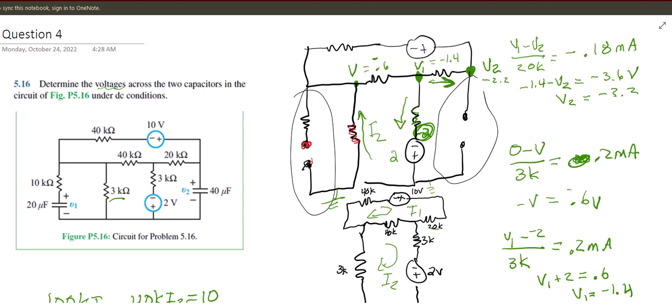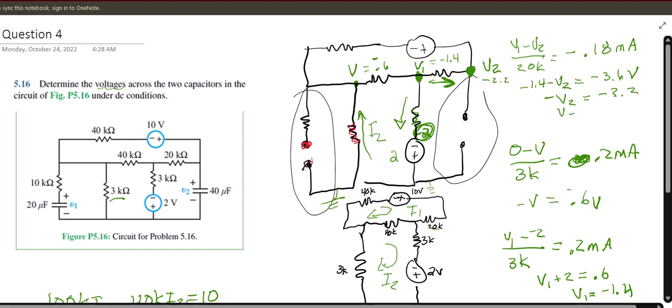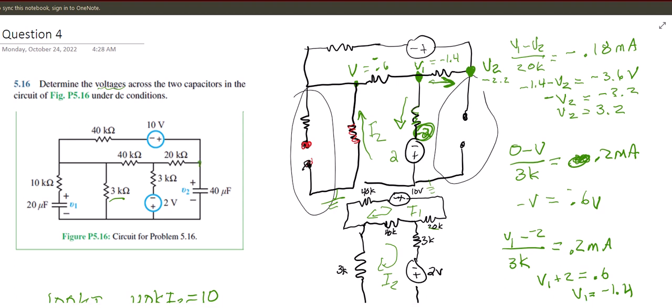And this V2 is negative. So V2 is 3.2. So if this is 3.2 and this is ground, then the voltage across this capacitor, we have the top side defined as plus, then the voltage across the 40 microfarad capacitor is 3.2 volts. So we got that one.